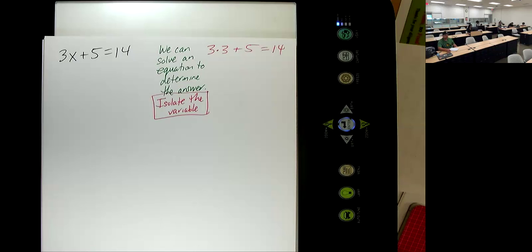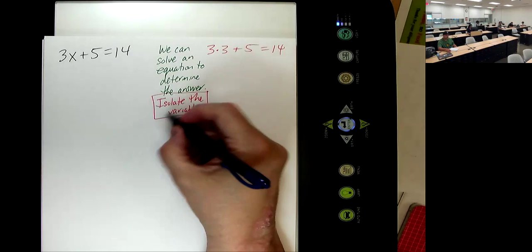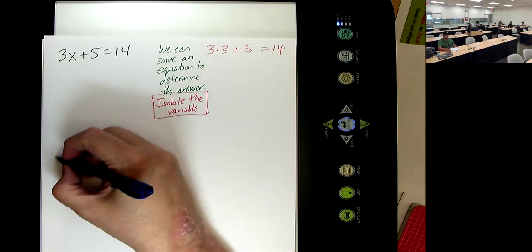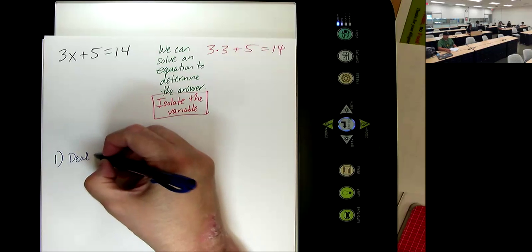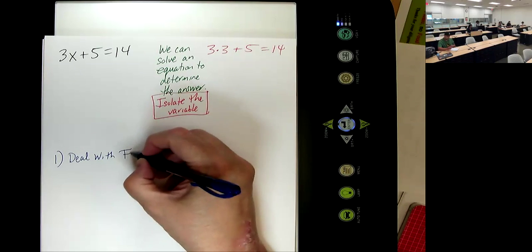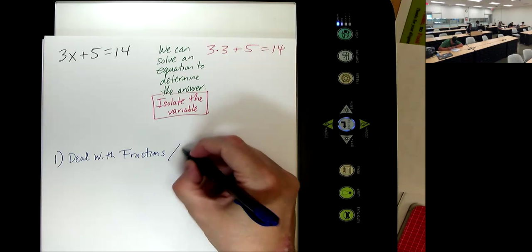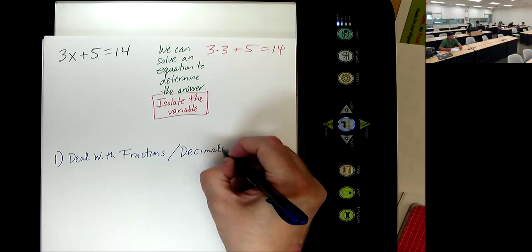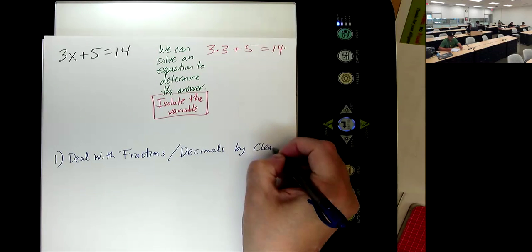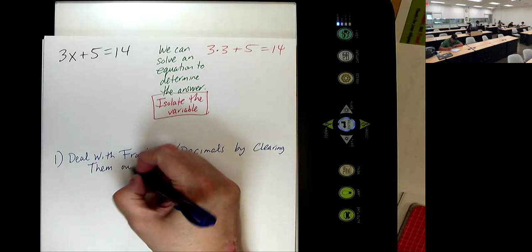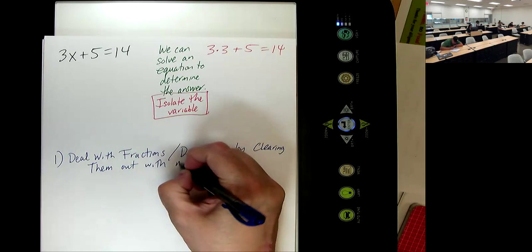So right now, x has a 3 multiplied by it and a 5 added to it. It's usually easiest to first deal with fractions or decimals by clearing them with multiplication.